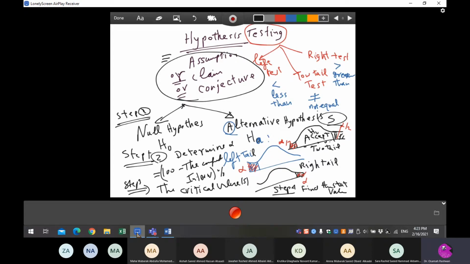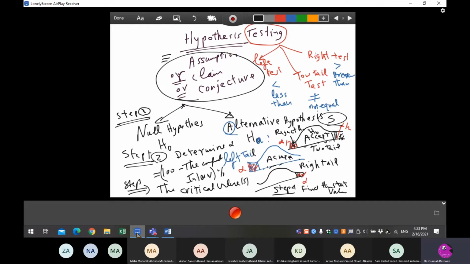If your stat value is in the rejection area, the shaded area, here you reject H naught.